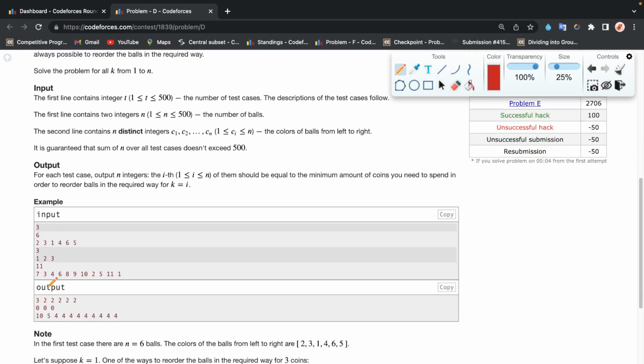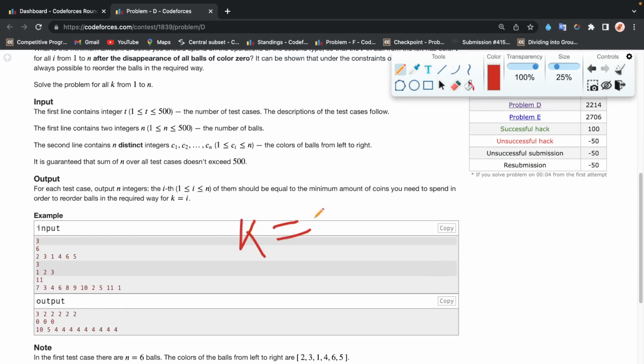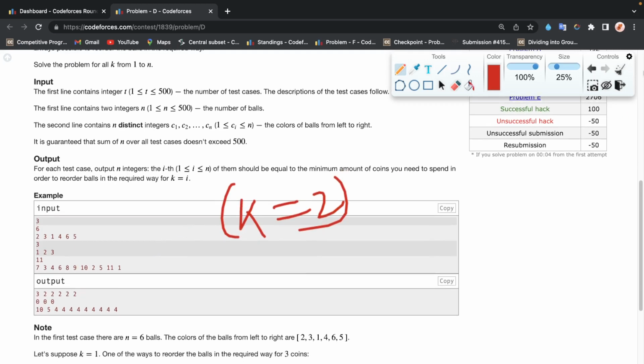Such a nice idea. So I want to move the balls. To move this ball 1, I want to move this ball 3 here and 2 here.